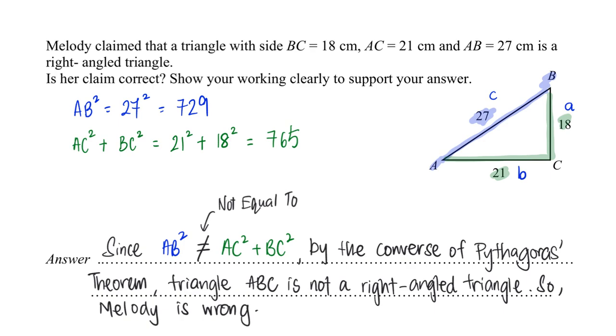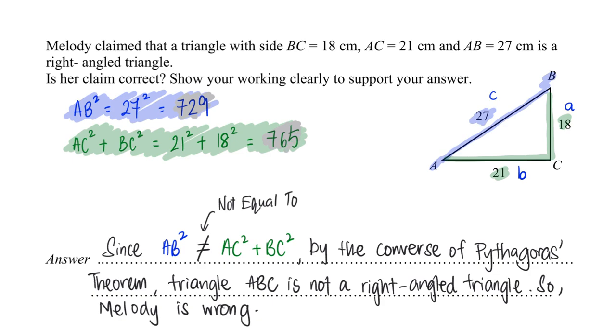Alright, the key things to take note of is, notice how Mr. Tan here presents my answer. I do not straight away write AB square equals to AC square plus BC square. Rather, I find them separately before I compare the values.